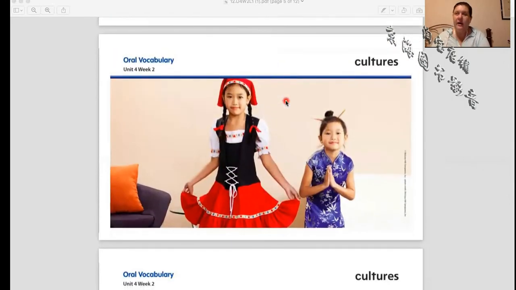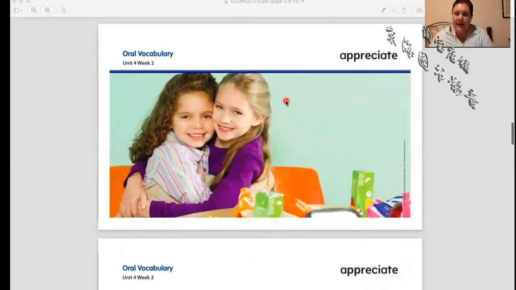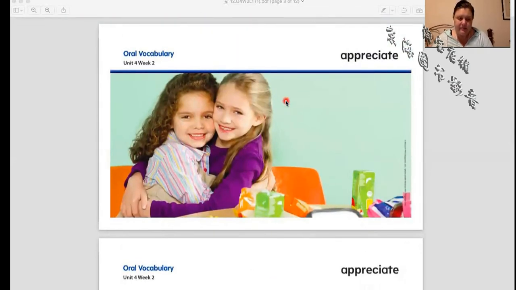Okay, cultures. Cultures is our special things that make where we live unique and interesting. So our music, our food, the way that we dress, our language, how we speak, all these things are part of our culture. Okay. All right, and then our last word, appreciate. Appreciate.